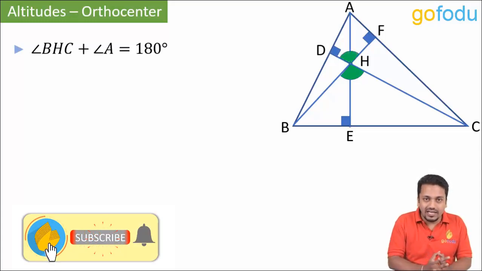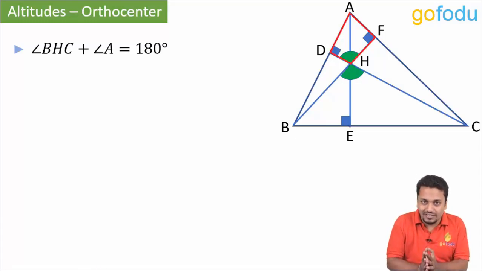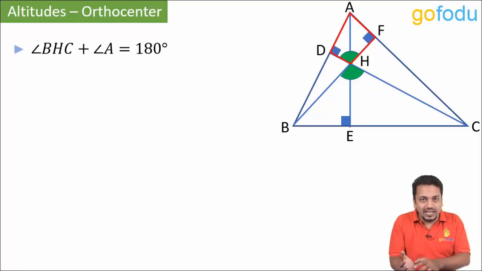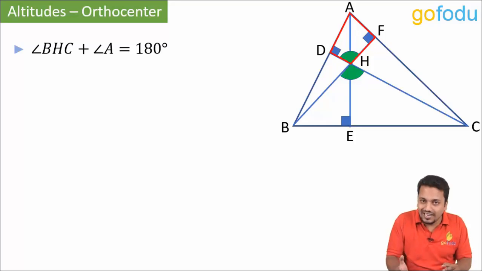Take the vertically opposite angle of BHC and you will see in quadrilateral ADHF, the sum of all the angles should be 360 degrees, because it's a quadrilateral. Two of these angles are 90 degrees, so the remaining 2 should sum up to 180 degrees. So angle A plus this angle marked in green is 180 degrees. Hence proved.